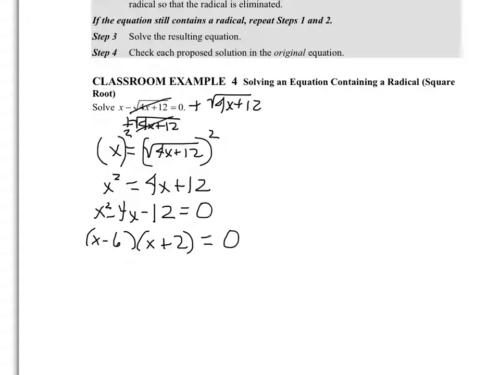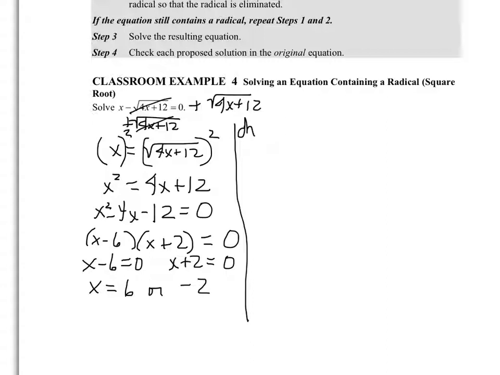And then to finish solving, I set each parentheses equal to 0, and I solve. What I come up with is an x value of 6 or an x value of negative 2. Now, at this point, we need to plug these values into the equation and check to see if they both work. So I'm going to write out the check.